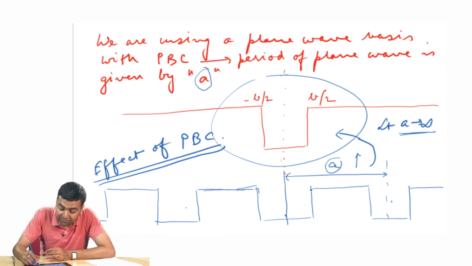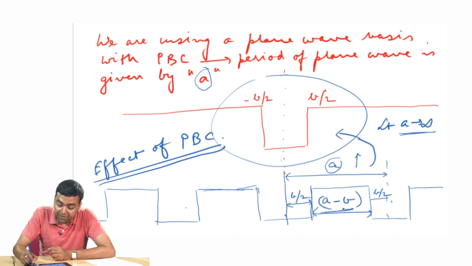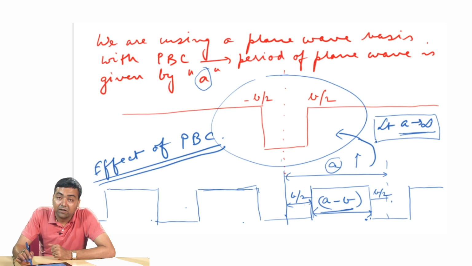What it basically means is that this is my b by 2, this is also b by 2, then this distance. You should choose A such that this A minus B distance is large enough so that the potential here does not feel the effect of the potential generated because of the periodic boundary condition. This is something one needs to be careful of when using plane waves as a basis set.